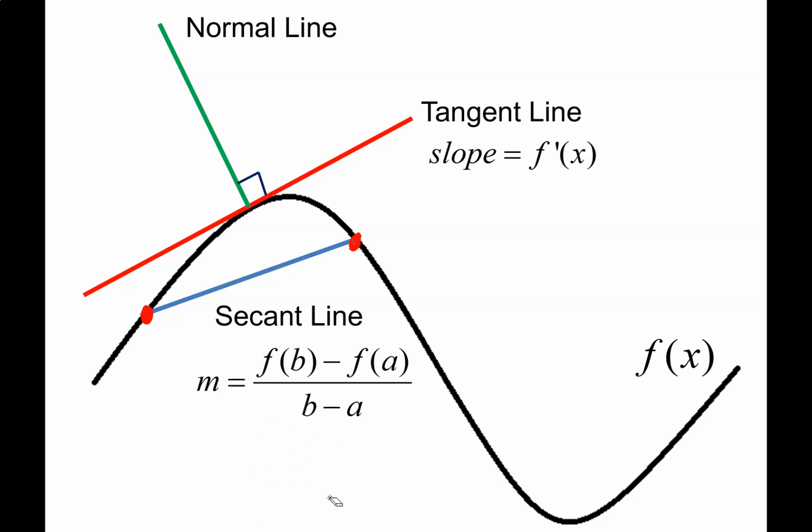Tangent line, right here. How do I find its slope? Well, you can use this and then use the whole limit as b approaches a and go with the whole definition of derivative, all that jazz. No, thank you. Its slope is just f prime.